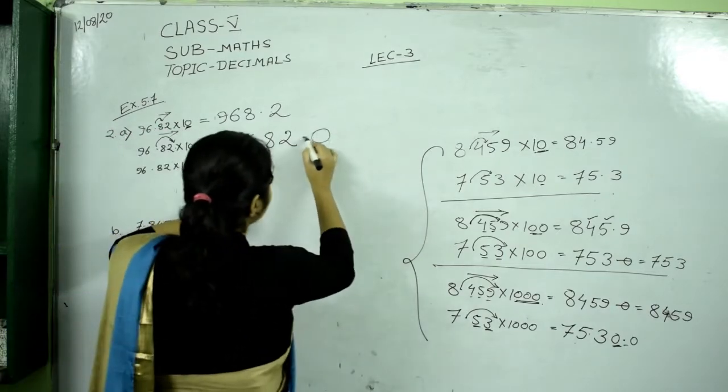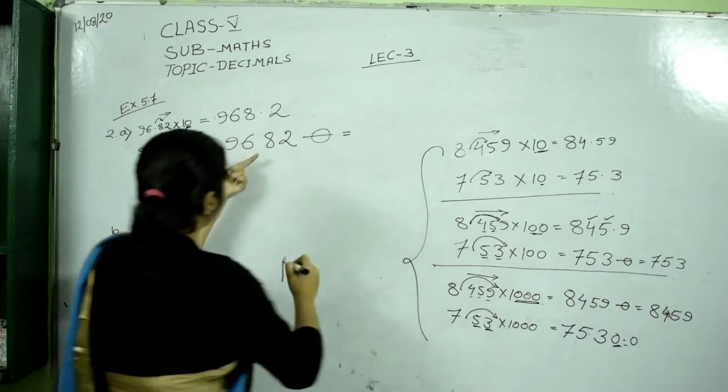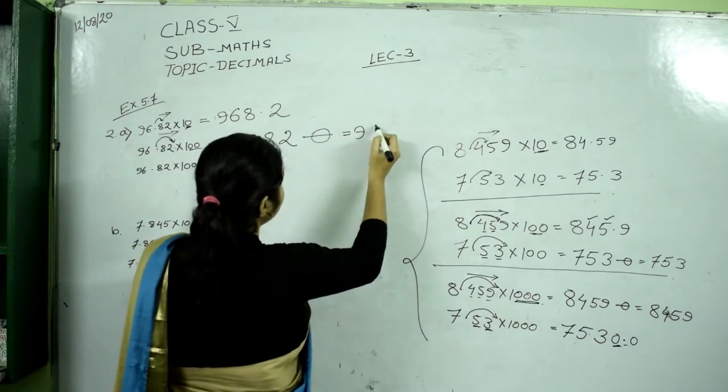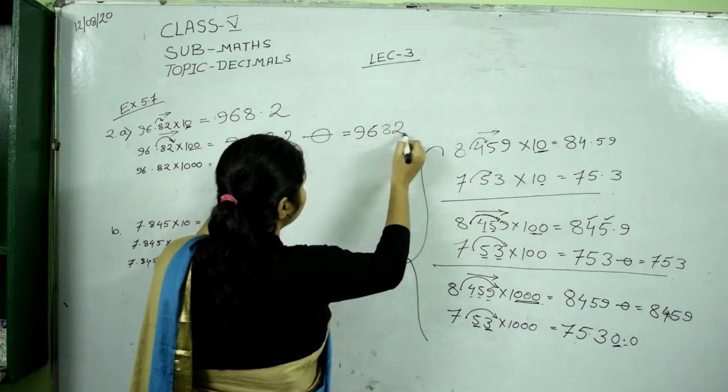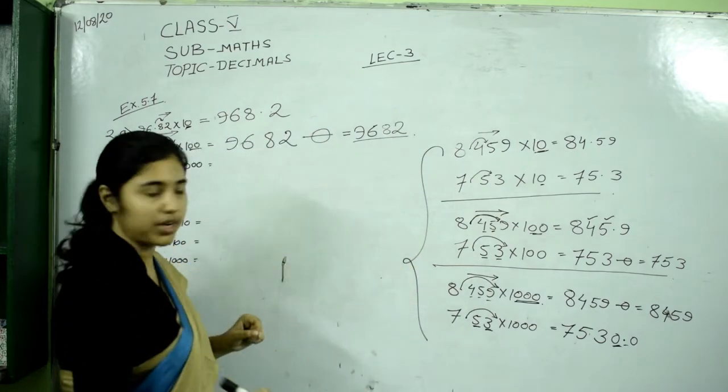Now this number is equal to 9,682, which is a whole number.